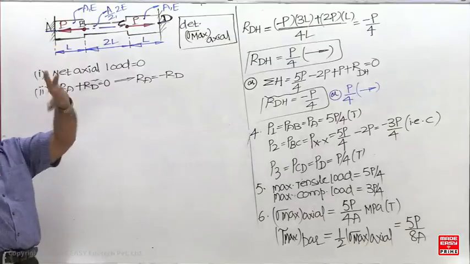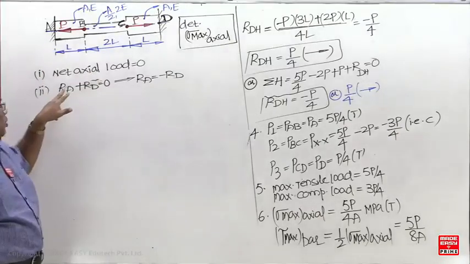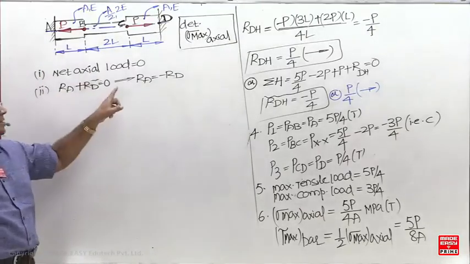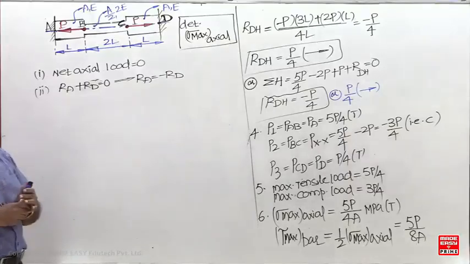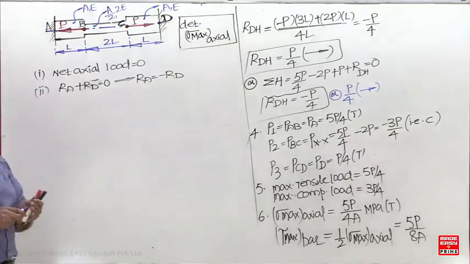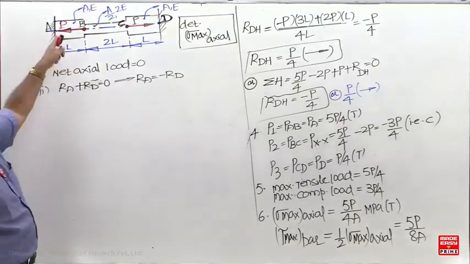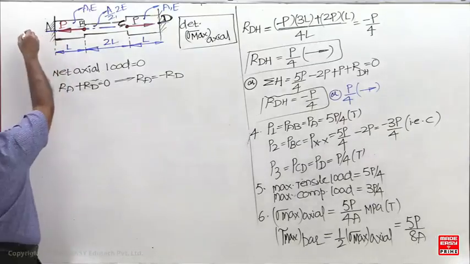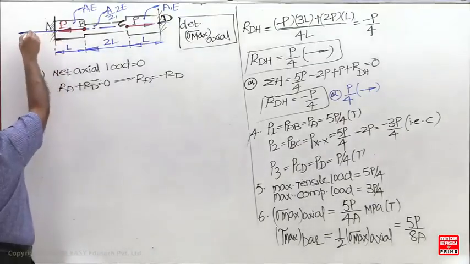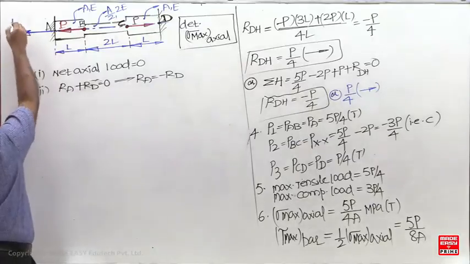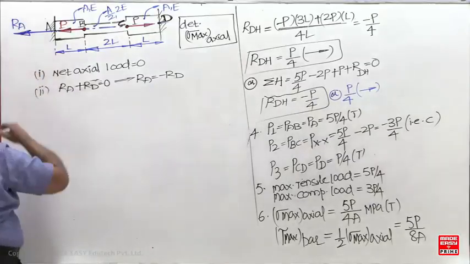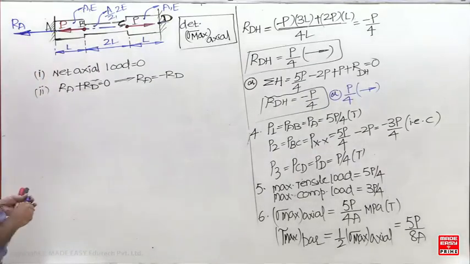When fixed at both the ends and net axial load is 0, the sum of the reactions is 0, which means reactions are equal and opposite in direction. Then you can assume some arbitrary direction. Now you can use the shortcut method.